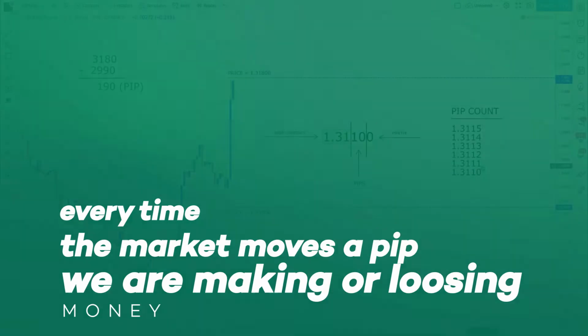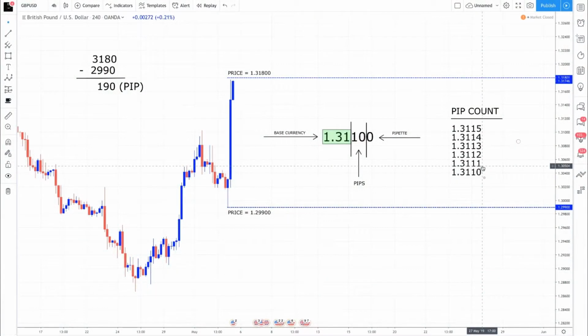Now, as we see here, as the value continues to rise, the pip count will continue to rise. So the pip count will then go from 1.3111 to 1.3112 to then 1.3113 to 1.3114 to 1.3115. So as you see, it's continuing to rise.